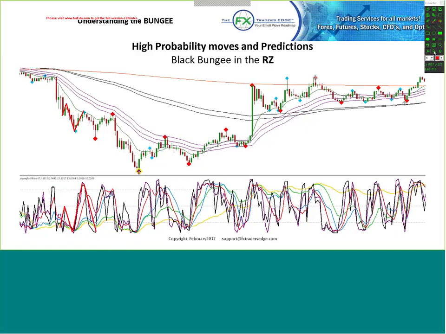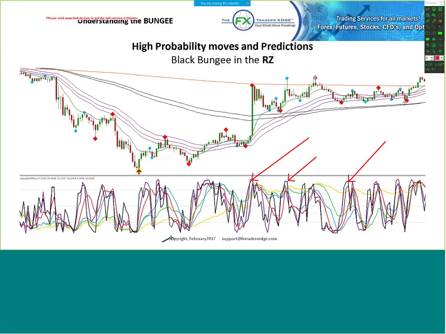But just go back through your charts and look at the behavior of the black bungee. So I ask you the question: is it sensible to go long with the black bungee there? Or there? Or there? If you're at your charts and you're available, why not wait for the retrace and get in for a better price?